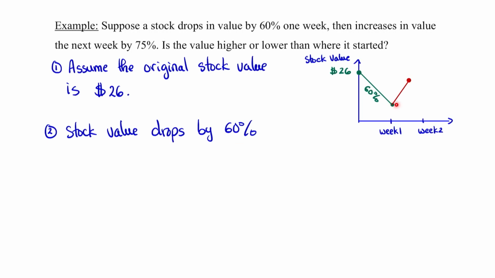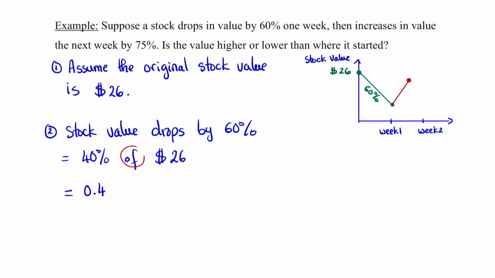So the value here is only 40% of $26. So 26 is 100%, and it dropped by 60%. That means I only have 40% of the $26 left. In order to find the value of 40% of the $26, I need to write 40% as a decimal, which is 0.4.